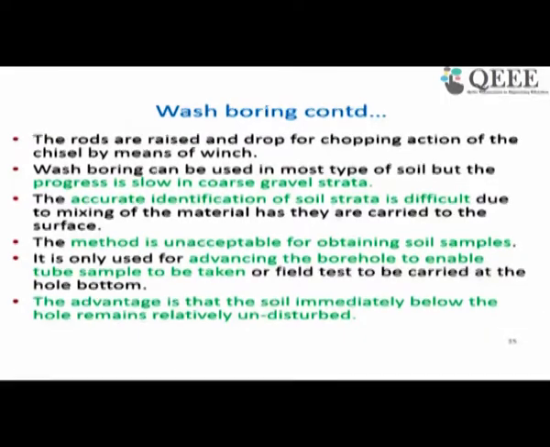That means once you reach the strata through this wash boring, the strata can be used for sampling. As such, the sample collected through wash boring is unacceptable and unused. The important advantage is the soil immediately below the hole remains relatively undisturbed.